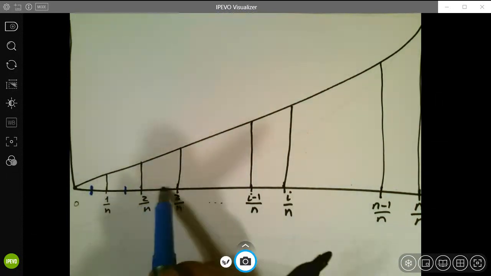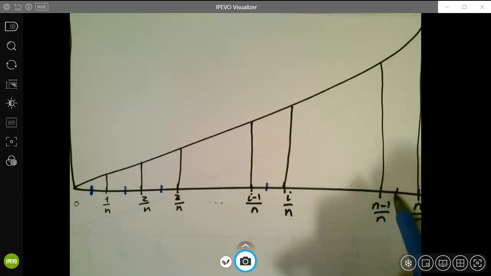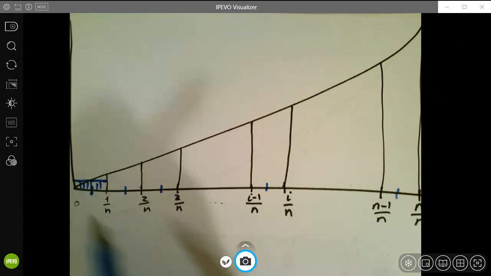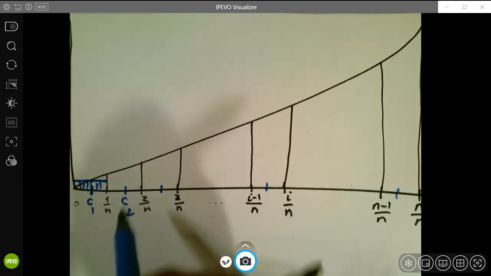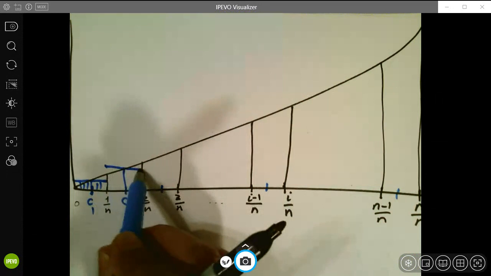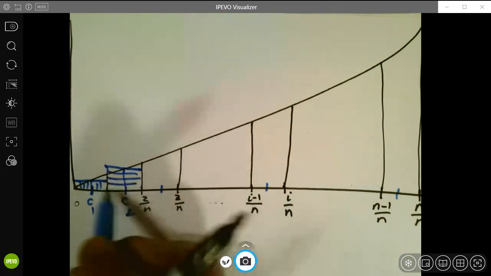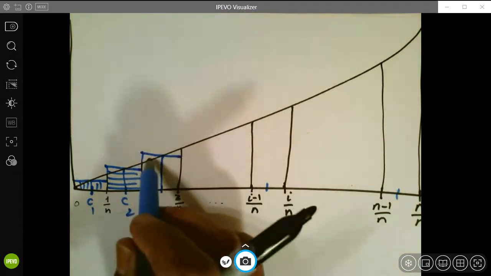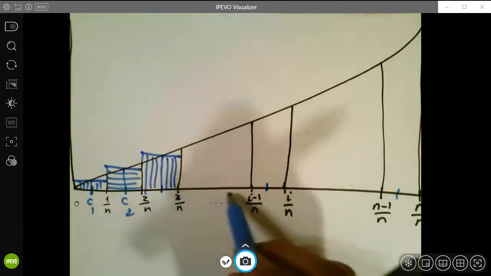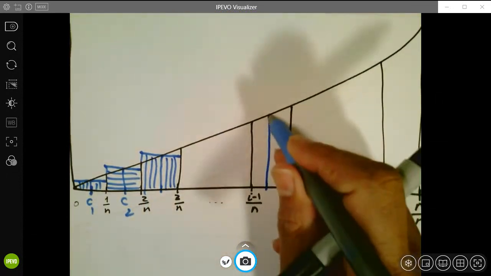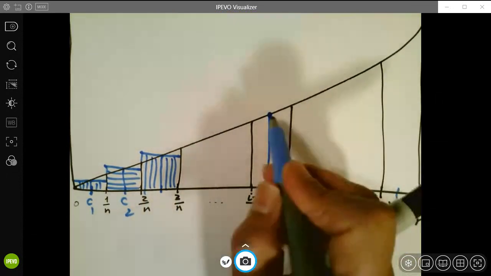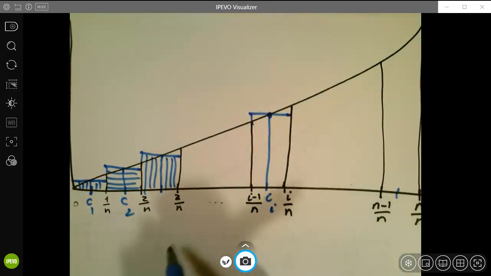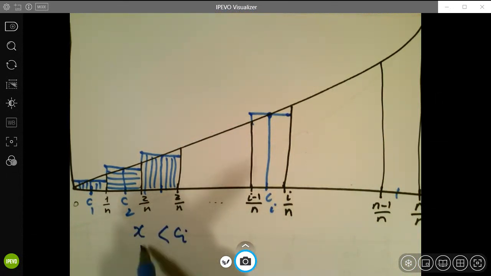You can take any one here, okay? Now, when you go, the height will be this, and that's the rectangle, see? This is c1, c2. This ci can be any point between xi minus 1 and xi.